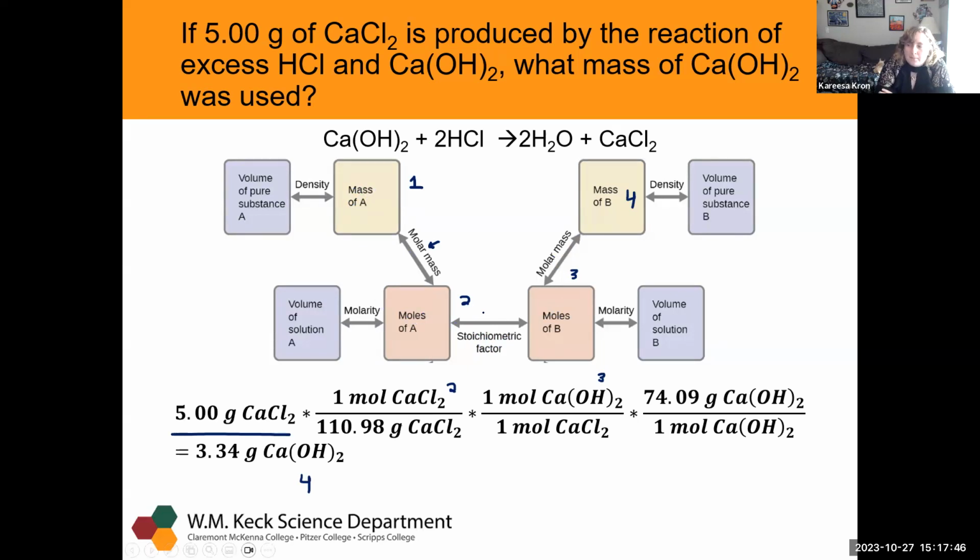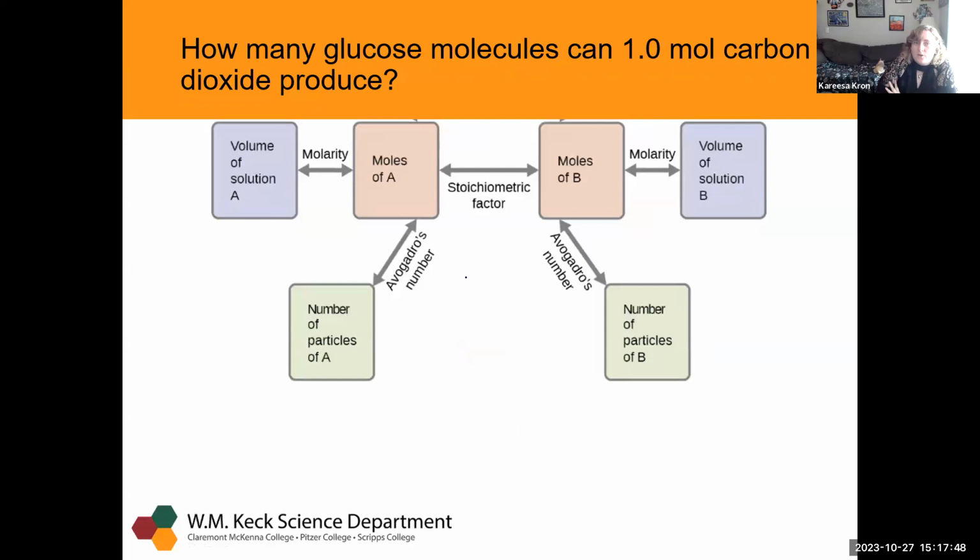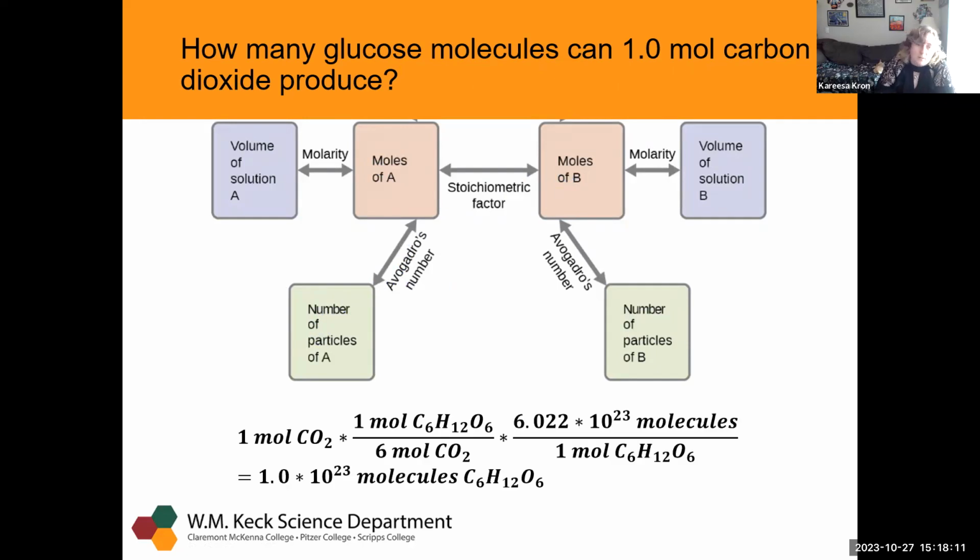And so the bottom part of this diagram is to also potentially be able to relate the moles that we have here to number of particles or molecules or atoms using Avogadro's number. So if on the first one, I had instead asked how many glucose molecules can 1.0 mole of carbon dioxide produce, I then still start with moles of carbon dioxide.